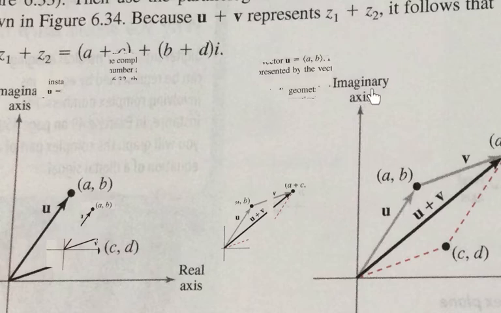So if I looked at this vector u, and I knew I was in the complex plane, with real part and imaginary part, I know this represents a complex number. If I'm going to add two complex numbers, I add the real parts and I add the imaginary parts. Or I stack them in the complex plane as shown. So this here is one of your standards. For pre-cal, you have to be able to do this geometrically.